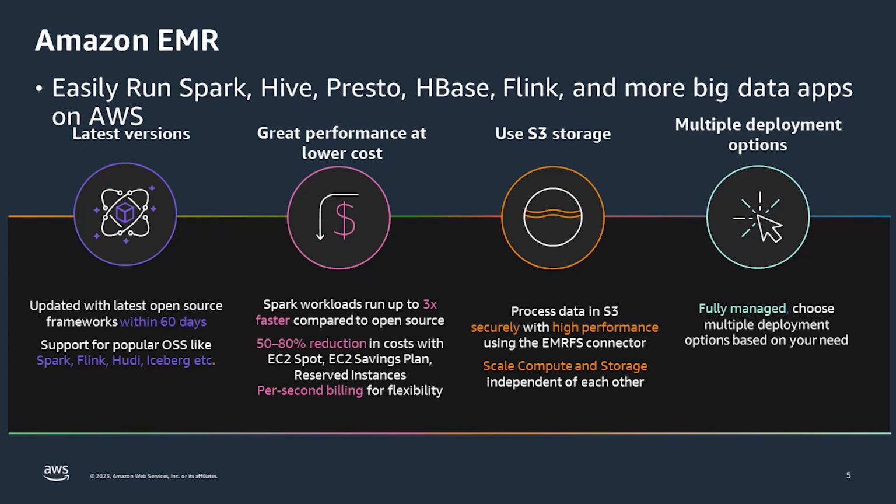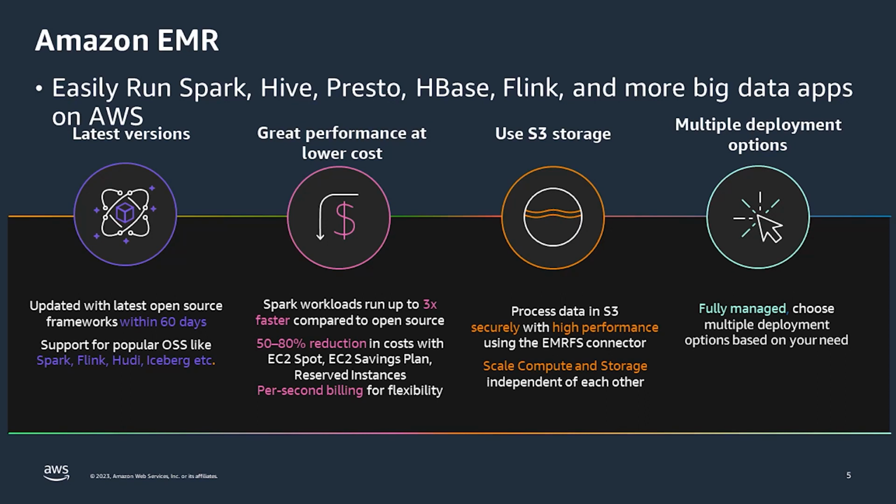So basically, if there are new versions of Hive, Presto, HBase, Flink, or Hudi and Iceberg, it will take care of the latest version in the next 60 days. It provides you great performance at low cost. You can even use Graviton servers on top of that, easy to use Spot instances, and reduce your billing by 50 to 80%.